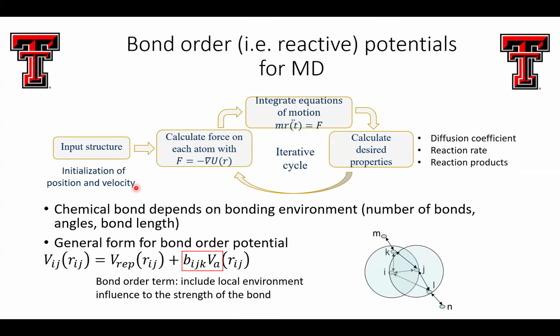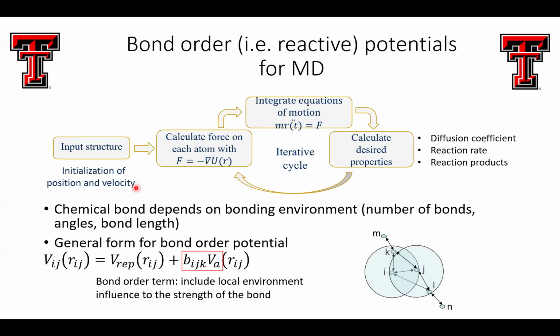This is the first part. This is an optimization. We have a bond order potential. This is in this case not ReaxFF. Some of you might have heard me talk about ReaxFF before. This is a REBO potential. And in this case, we did density functional theory calculations.